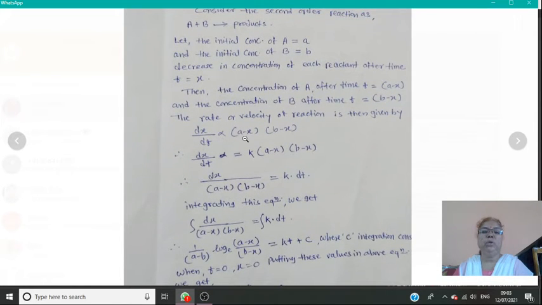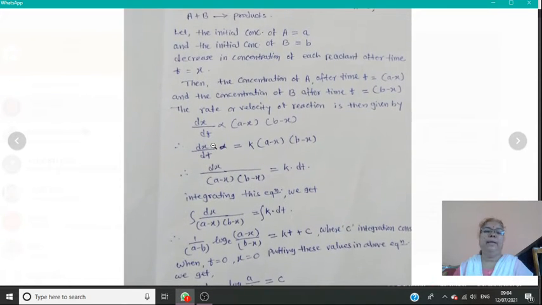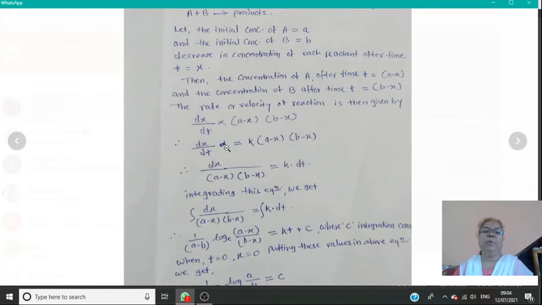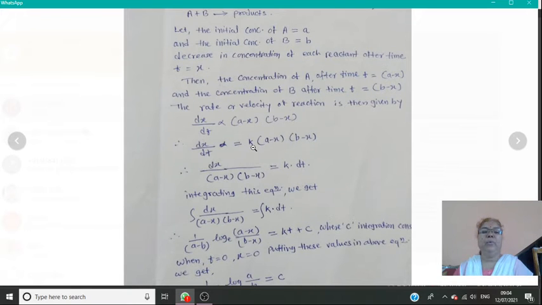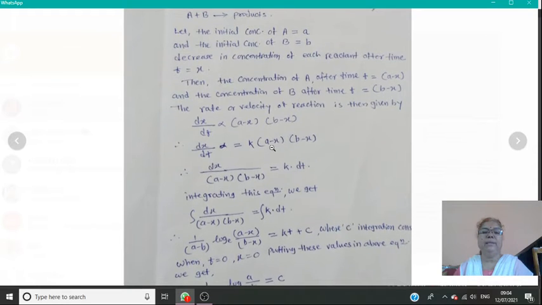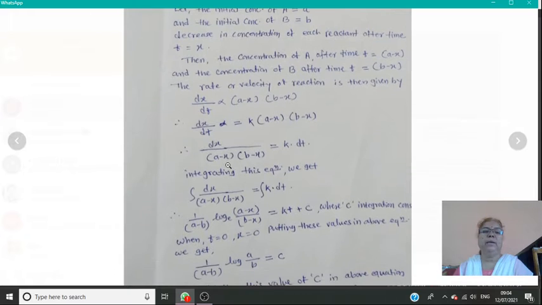It is proportional to (a minus x) into (b minus x), or dx by dt, and removing the proportionality sign it is equated with k into (a minus x) into (b minus x), where k is the velocity constant or specific reaction rate or simply rate constant.